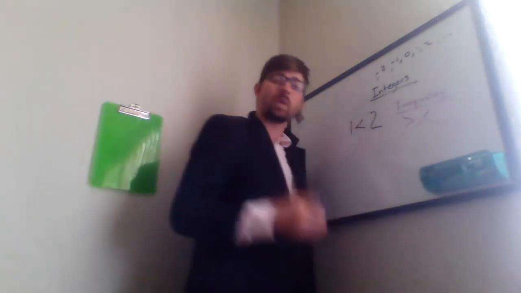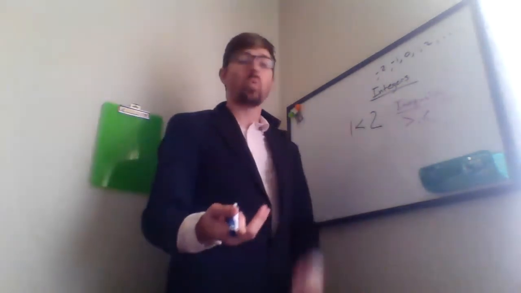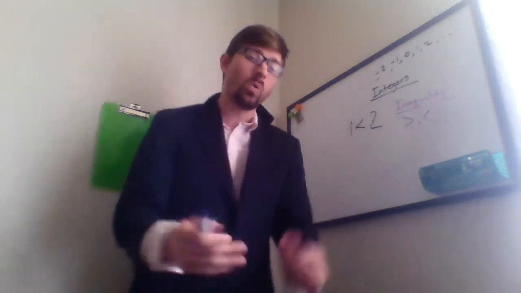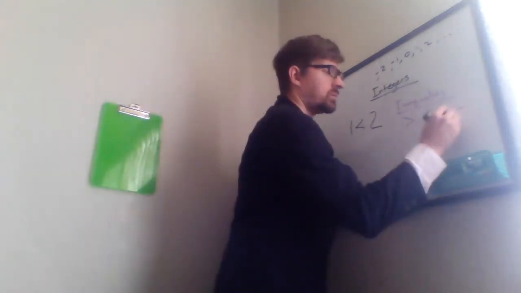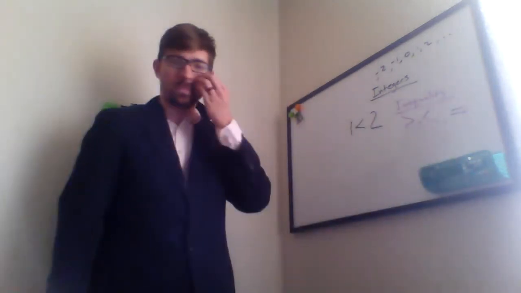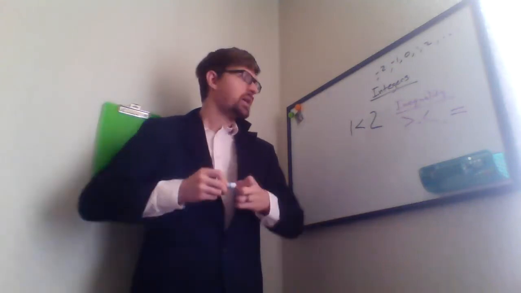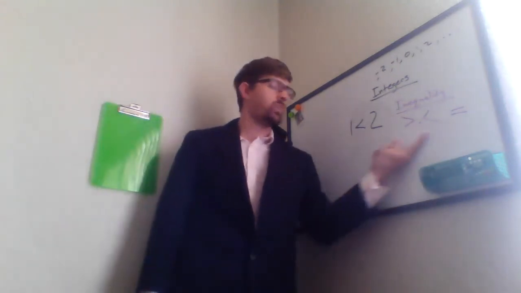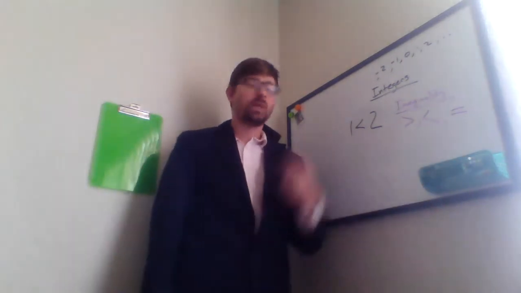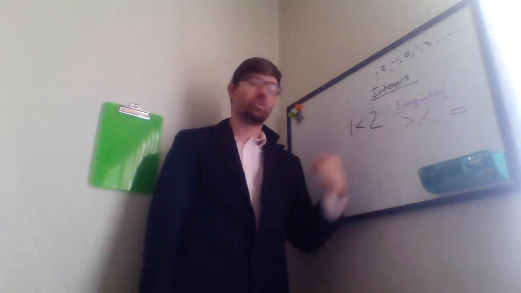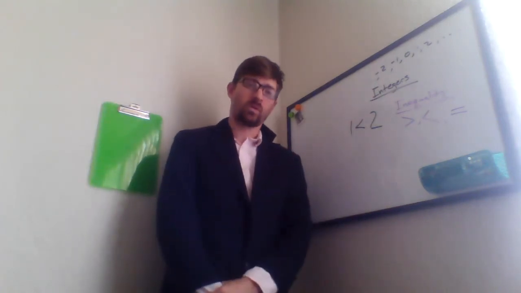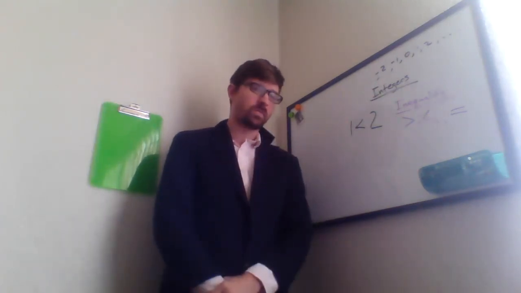And the other one that we will use for inequalities is when we don't know if they are equal, is that equal sign. Okay? These are the 3 ways that we are going to be relating the set of numbers that are called integers. All right, so follow me so far? Okay, good.